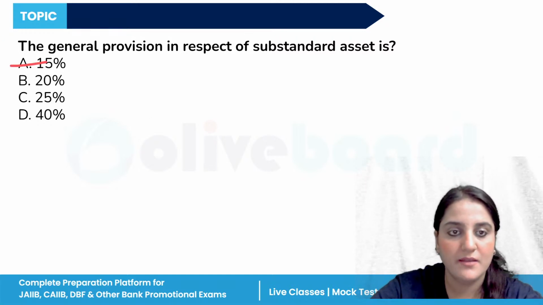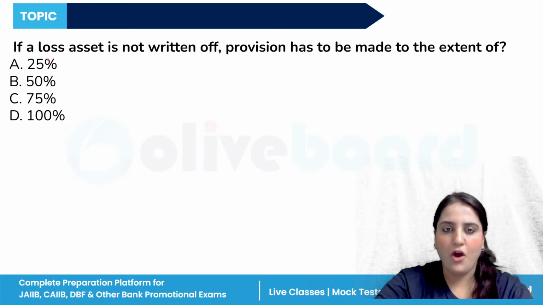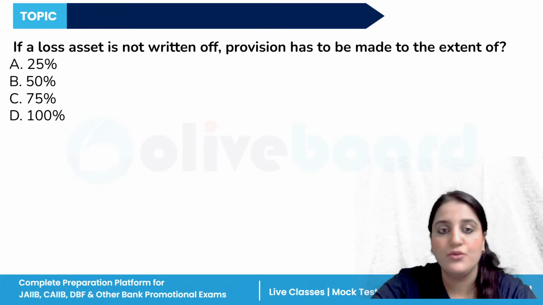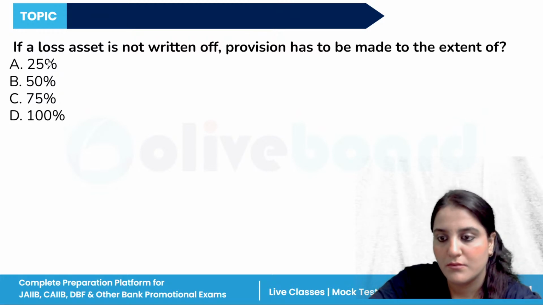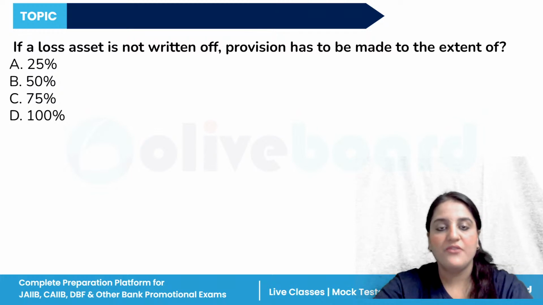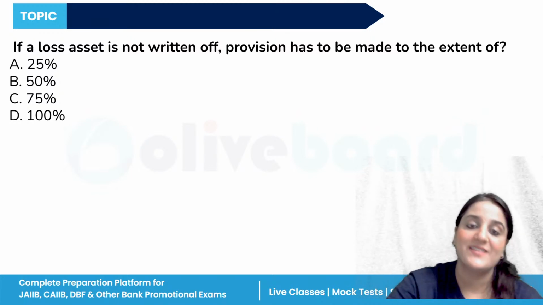Here option A is correct. If a loss asset is not written off, provision has to be made to the extent of what?